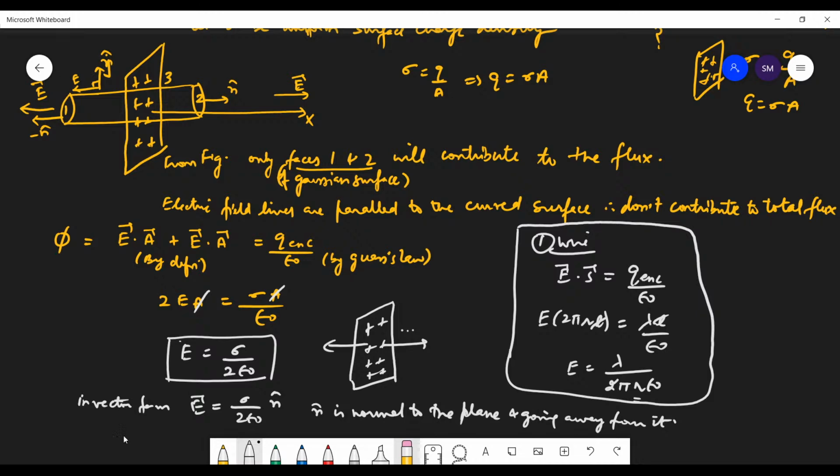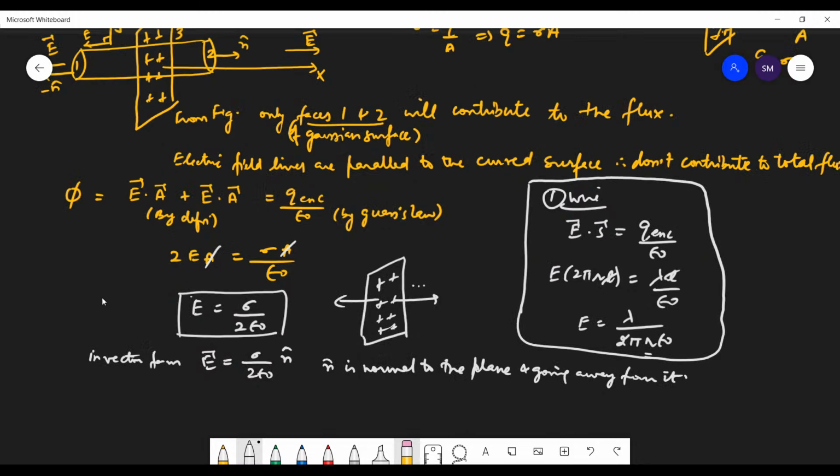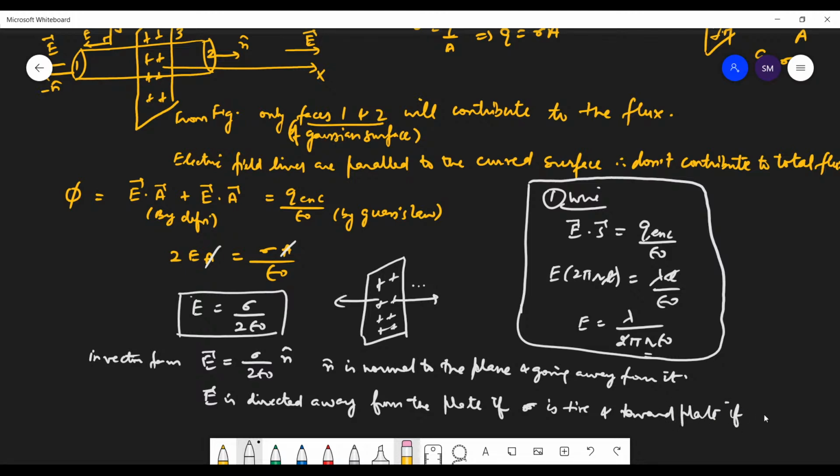Now the direction of E, we can write that E is directed away from the plate if sigma is positive, and towards the plate if sigma is negative.